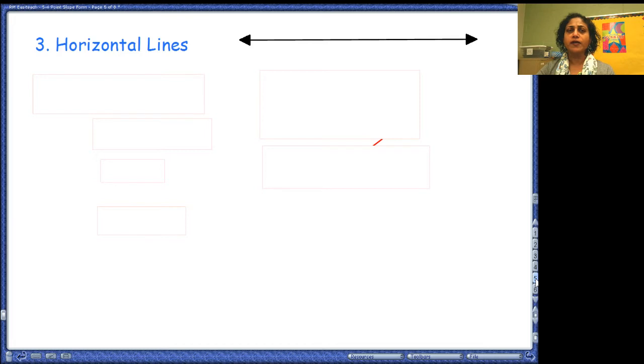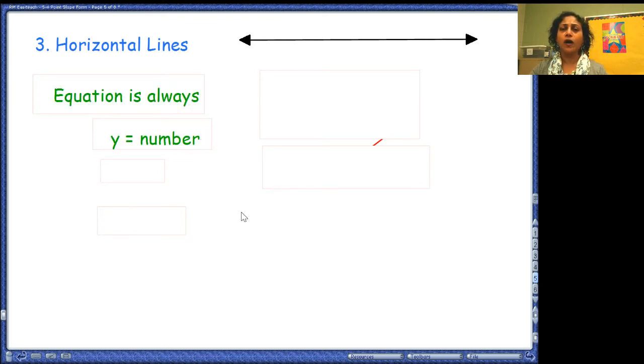So we're also going to study what horizontal lines are. I know some of you are still confused. A horizontal line is where the sun sets on the horizon. So a horizontal line always has an equation where y will equal some number. For example, y is equal to 4, or y is equal to -2.